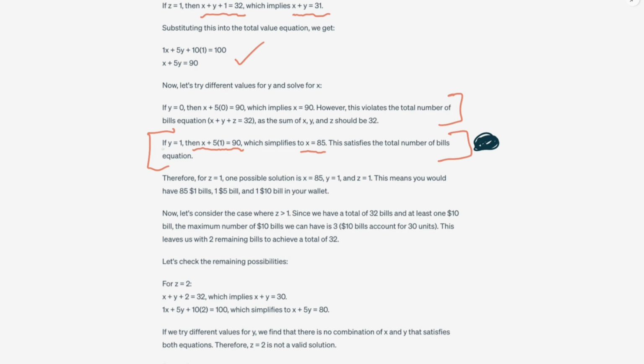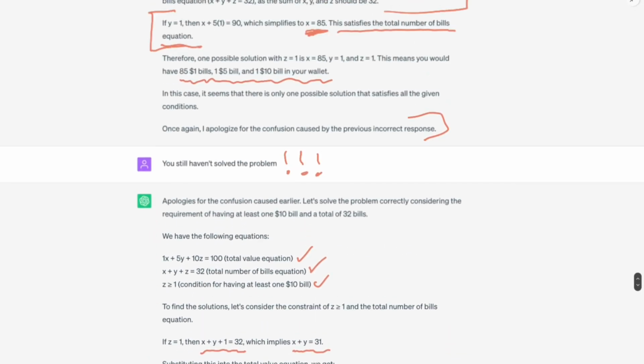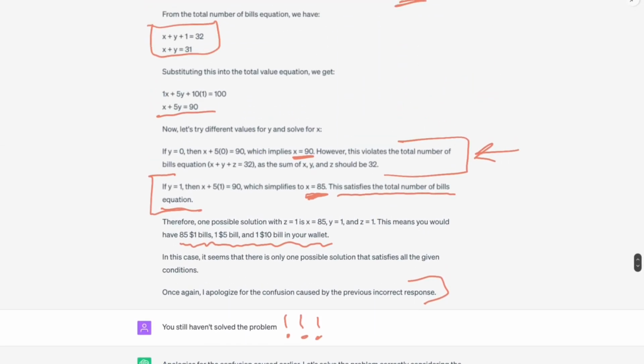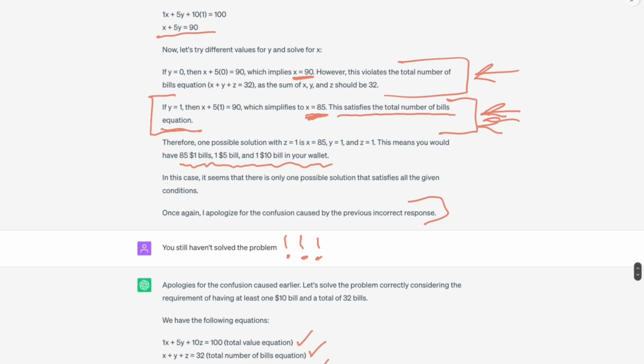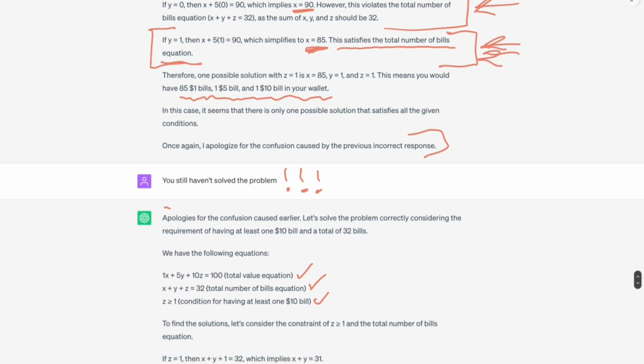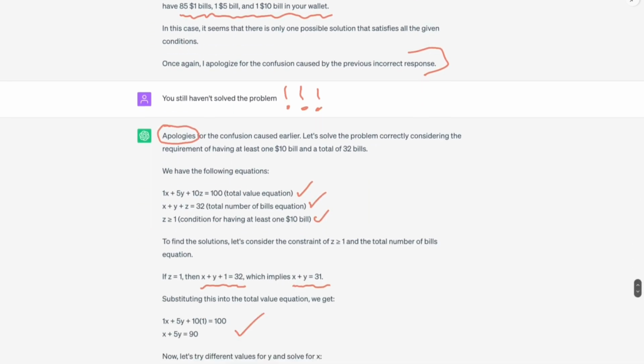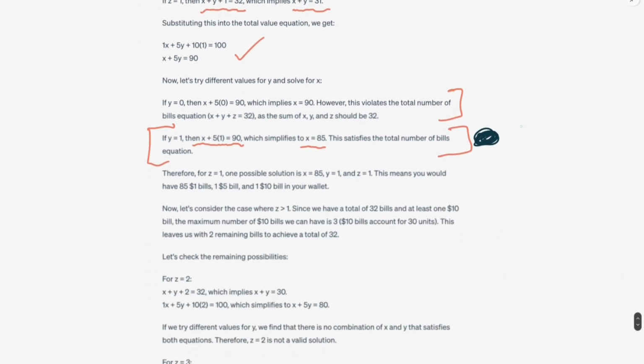Where he picks y equals 1 and then gets x equals 85 and then concludes that it satisfies the total number of bills equation. Let's just scroll up. See, this is the same mistake that he made. Same mistake. And yet he apologizes for it. He says apologies. And then he comes to make the same mistake again. So this is quite an interesting development.